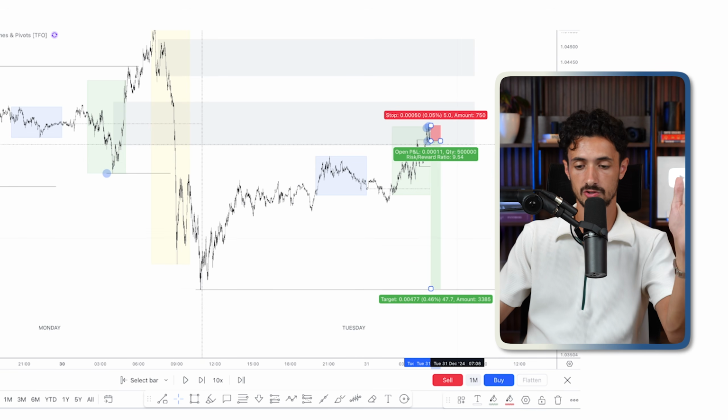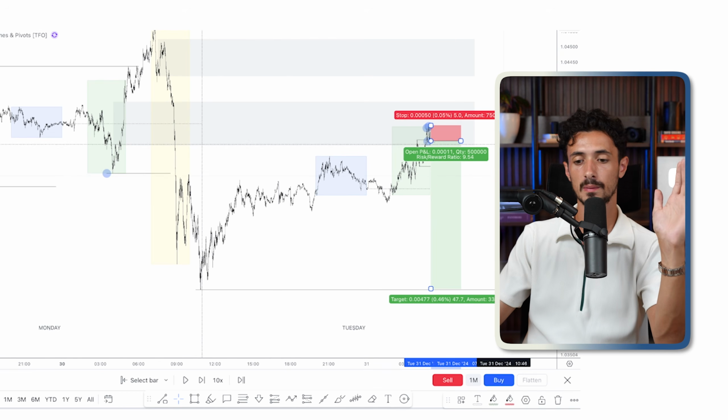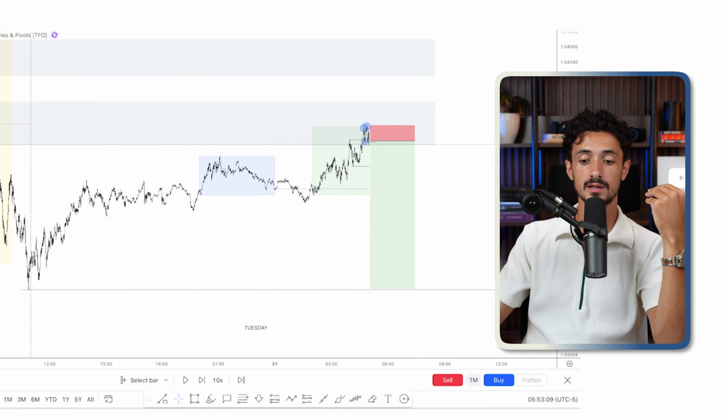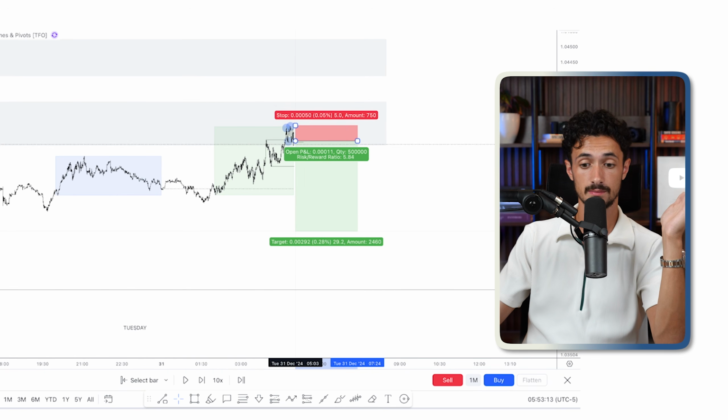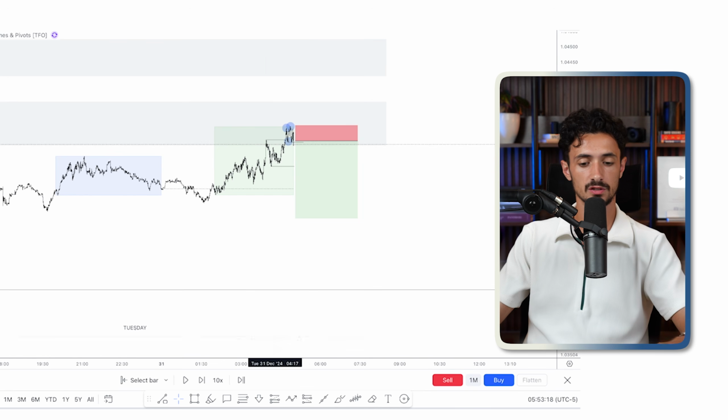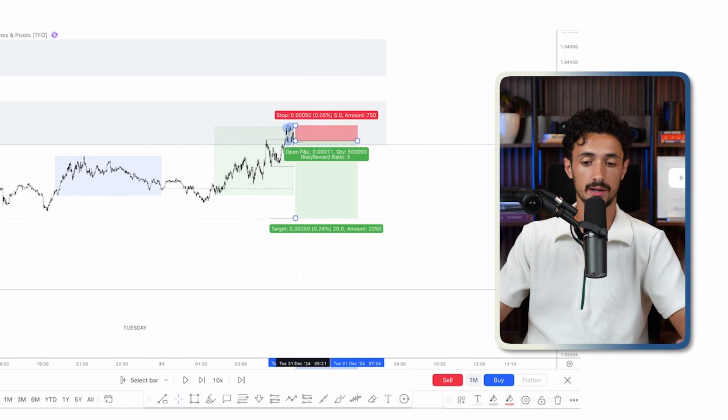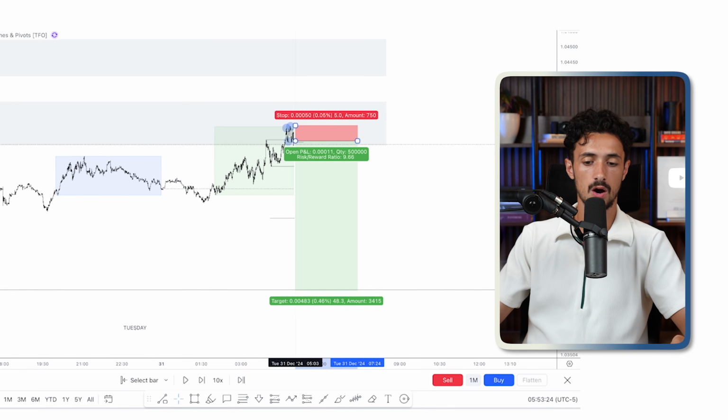Now, I want to be completely transparent with you because I could make this look super beautiful. I have a rule that I take off 50% of my position at 5 risk to reward from my SMC setup. So at 5 risk to reward, I'll close 50% of my position. Just from historical backtesting, from the data that I have, it makes sense. I'm more profitable when I do that. And then the rest of the trade, I'll let run all the way down here to the swing lows.